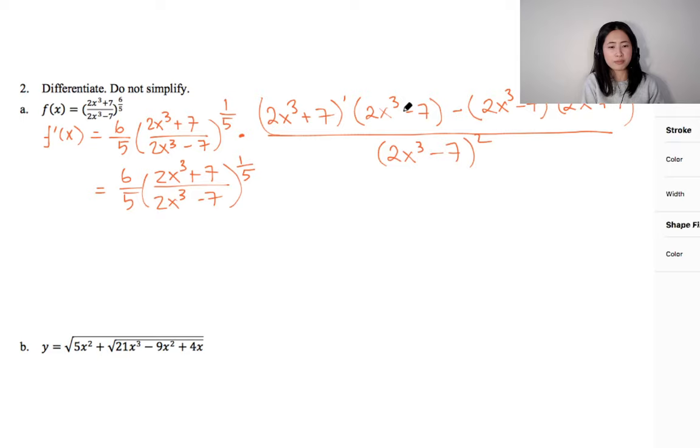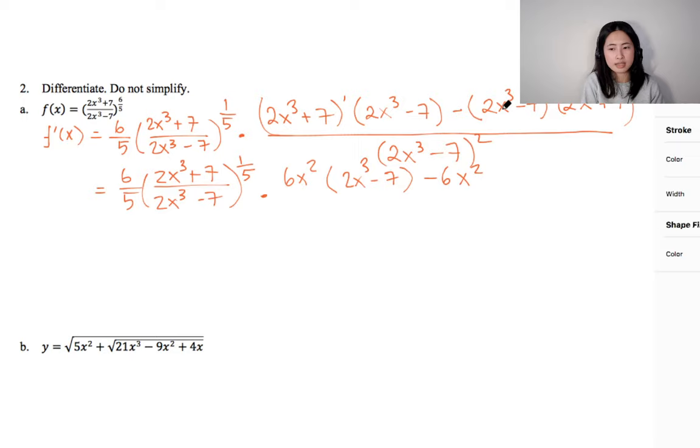So 2 times 3, that's 6x squared, right? And we know that the derivative of 7 or any constant is 0. That's why it's 0. Then you multiply the 2x cubed minus 7. And then this is minus, right? Taking the derivative of 2x cubed is actually 6x squared, right? 2 times 3, because we need to bring down 3 because it's the power rule, right? 6, and you have x. 3 minus 1 is therefore 2.